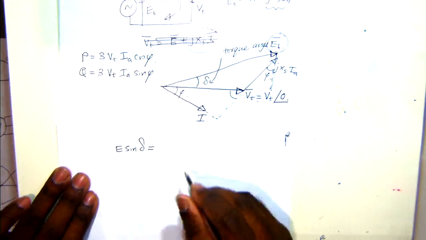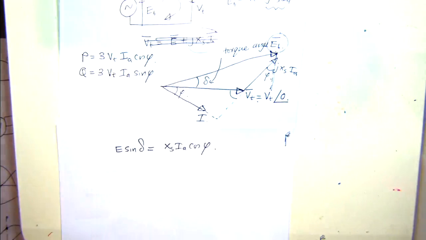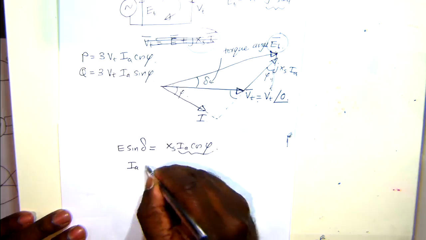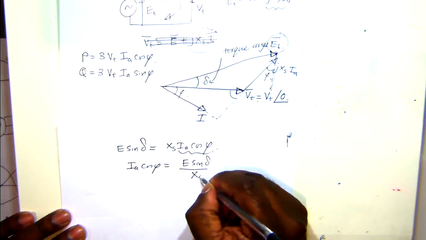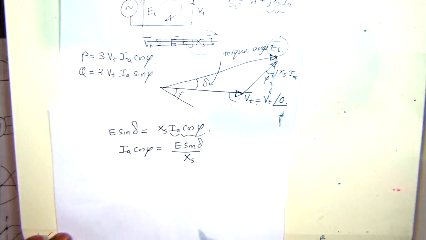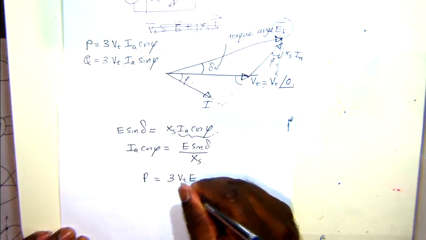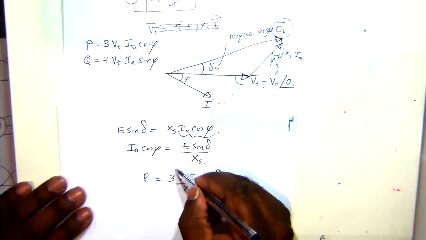So you can write E sin delta equals Xs Ia cos phi. That's derived from this triangle. So you can write Ia cos phi as E sin delta over Xs, and use this in the real power equation. Then P equals 3 times Vt E over Xs times sin delta. This is the total 3-phase power equation.